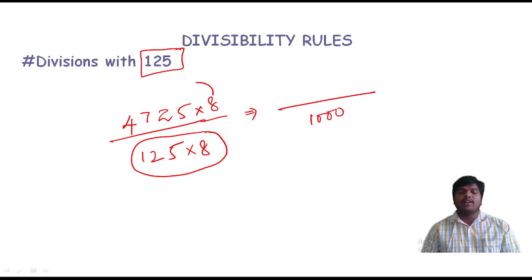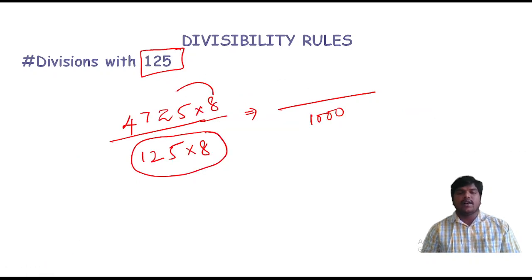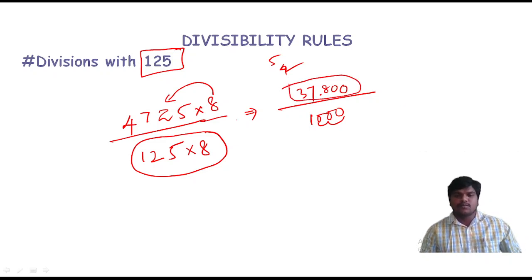Then multiply 8 with the number: 8 fives are 40, 4 carry, 0 here, 8 twos are 16 plus 4, 20, 2 carry, 0 here, 8 sevens are 56 plus 2, 58, 5 carry, 8 here, 8 fours are 32 plus 5, 37. How many zeros are there? 3 zeros, decimal after 3 digits, it becomes 37.8. That is the value. These are the divisibility rules.